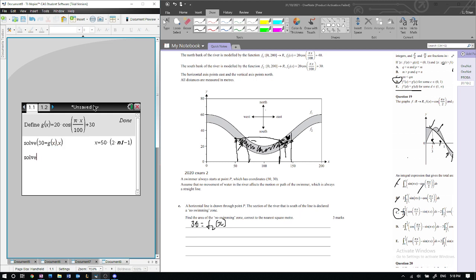Oh, okay, I need to specify my domain. What is it? So 50 smaller than or equal to x, just smaller than 150. Oh, okay, I'll make that larger.